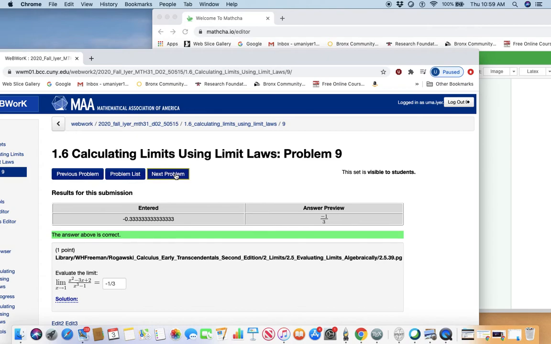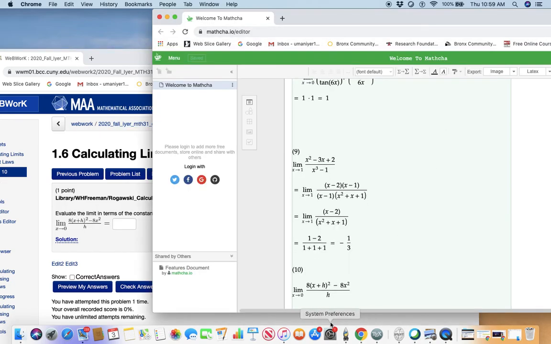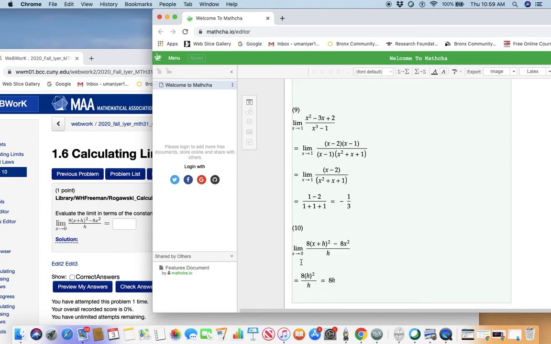Okay. Next problem. Evaluate this particular limit. Let's write this down separately. You will notice x is approaching 0, but there is also an h. So you have to think of h as some number, say 5 or some such thing. Now this one is straightforward.